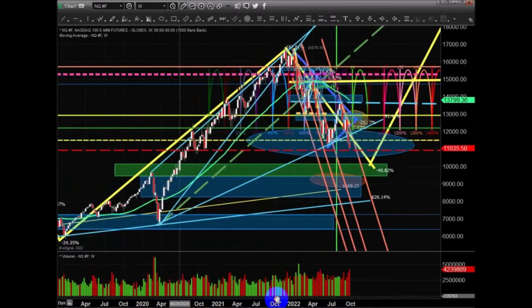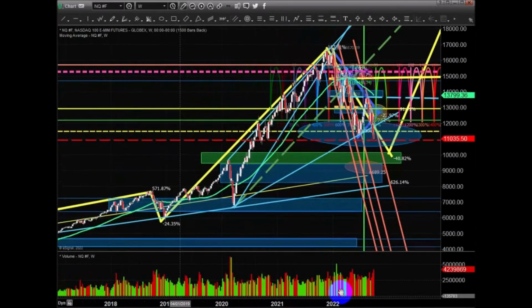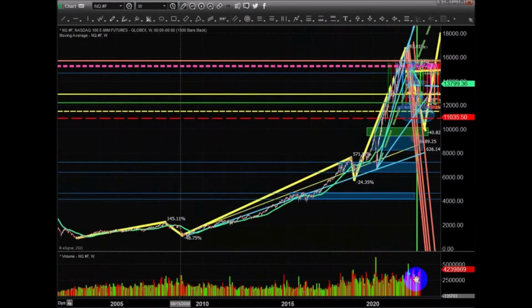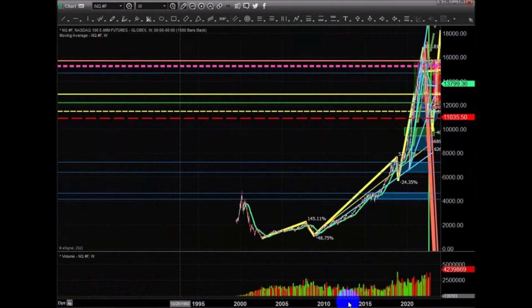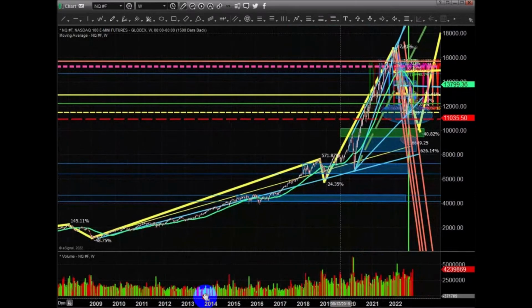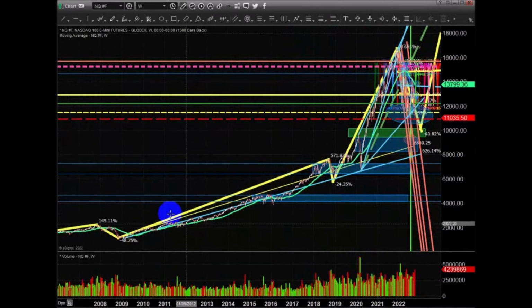Just for the heck of it, let's come back over here and extend all of this out. Server's acting a little slow. So we've already got some lines here being drawn from the highs and lows, the yellow line here. Let me readjust this one to the lows. So I'll just draw a new one.